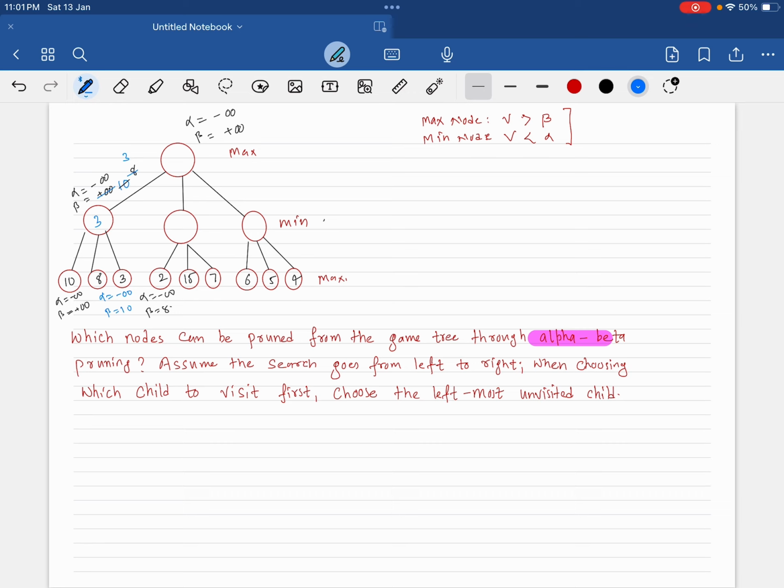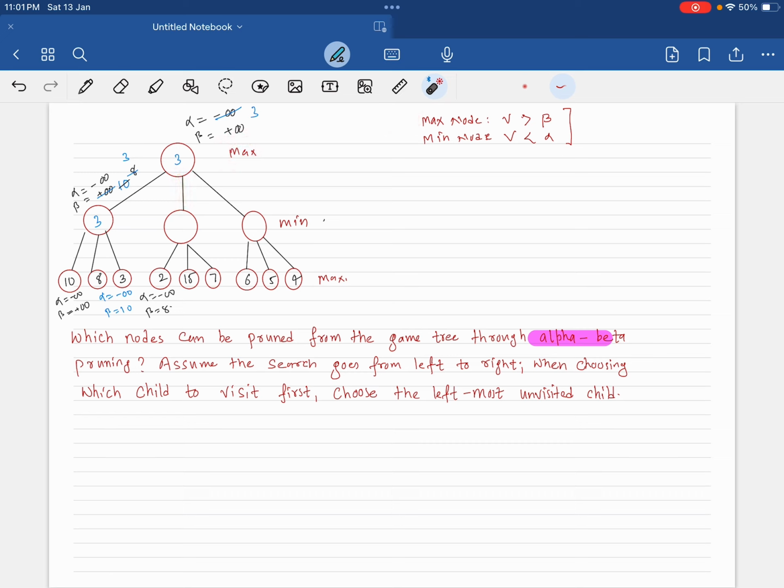Now we will go to this root node, right? And it is a max node, so it will take the 3, and alpha value will get updated to 3. Now we will check the condition, since we are at the max node, to see if I want to explore the subtrees or not.